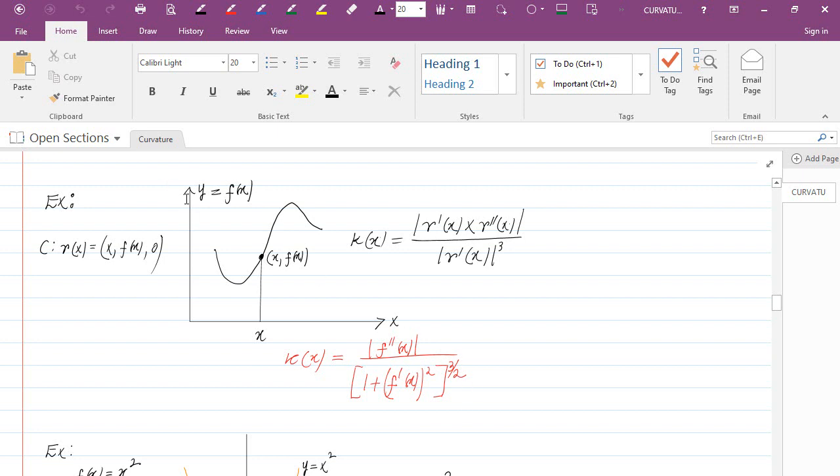So if I have the graph of a function y equals f of x, then the curvature of the curve at x is given by this formula.